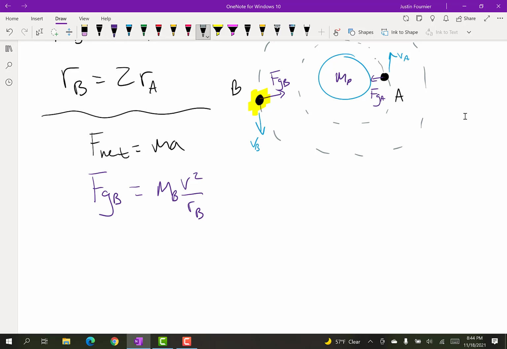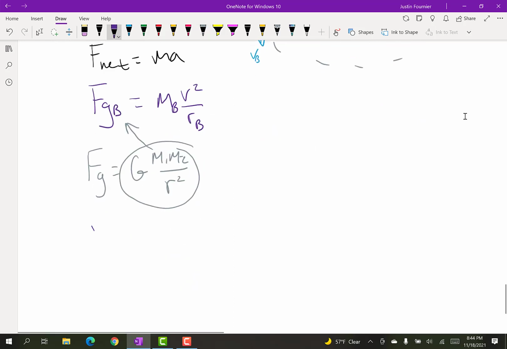So we also have an equation for the gravitational force, the universal law of gravity. It's m1 m2 divided by r squared. So I'm going to plug that in there. That's going to give me big G, mass of the planet multiplied by mB, divided by rB squared, which is going to equal mB v squared over rB.